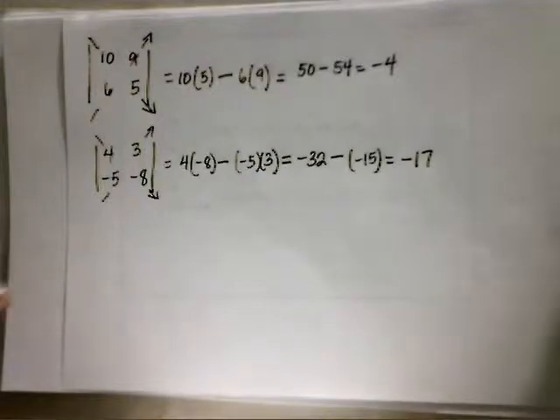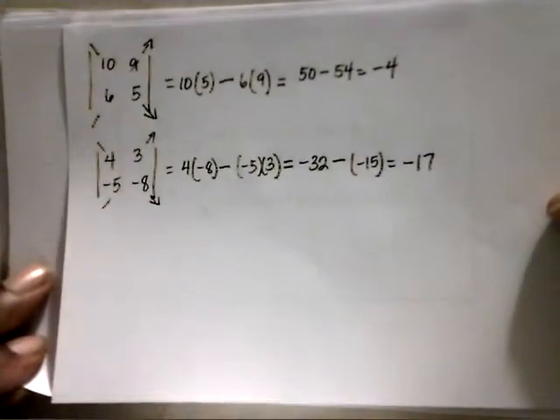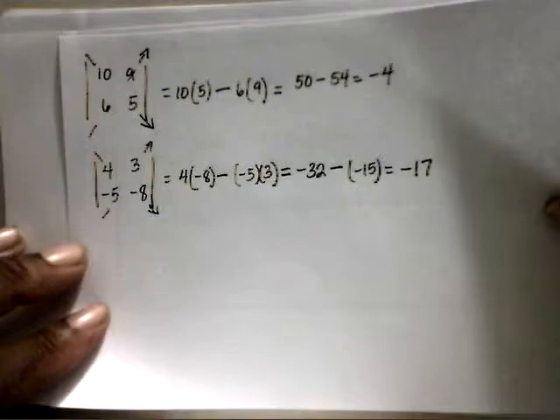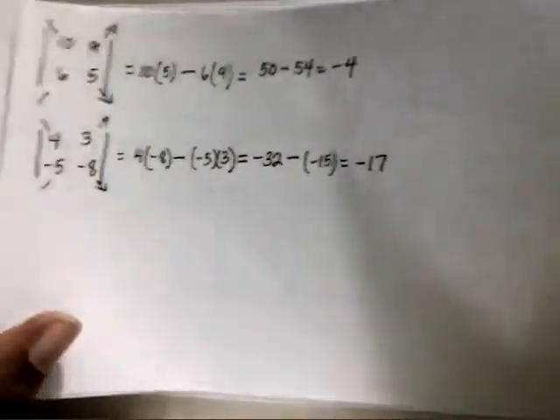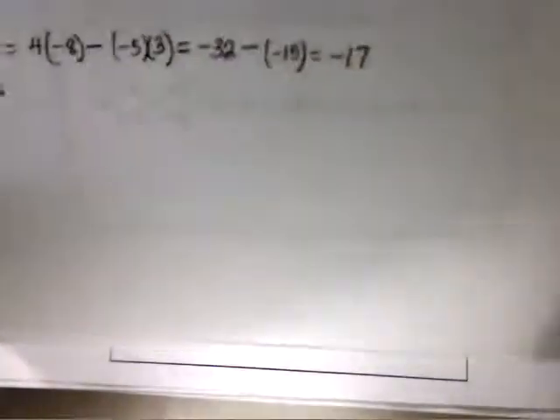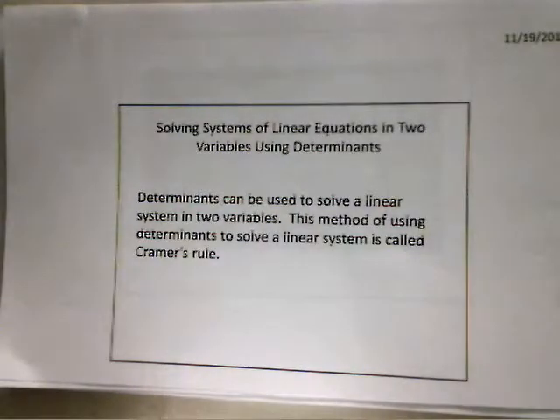Okay, those are just a couple of examples of how you find a determinant of a 2 by 2 matrix. Next we're going to apply this concept to solving systems of linear equations in two variables using determinants.